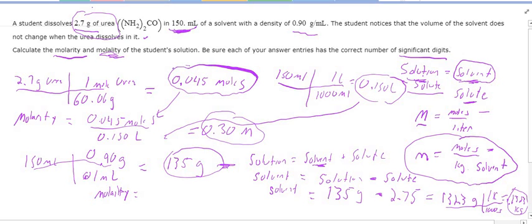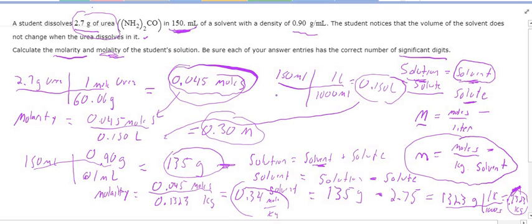Well, here's the mole. It's been sitting there the whole time. We calculated that first. That's 0.045 moles divided by kilograms of solvent, which I calculated right over here in that corner, which I know it's hard to read, but it is 0.1323 kilograms. And if I do that math, I calculate 0.34 moles per kilogram, or molality.